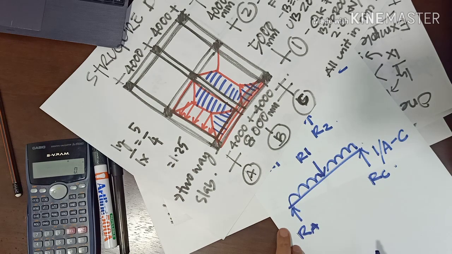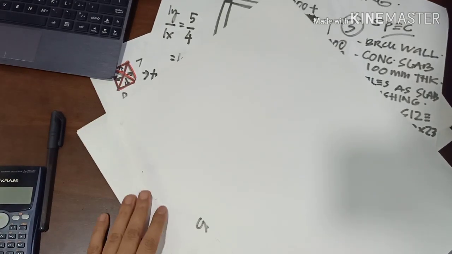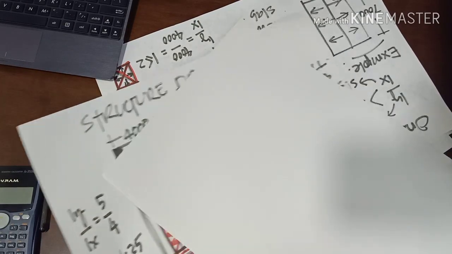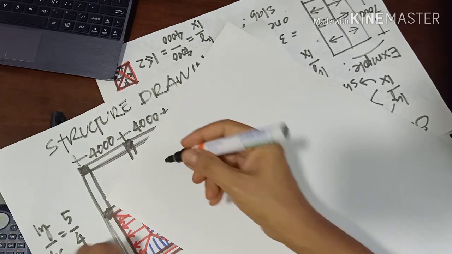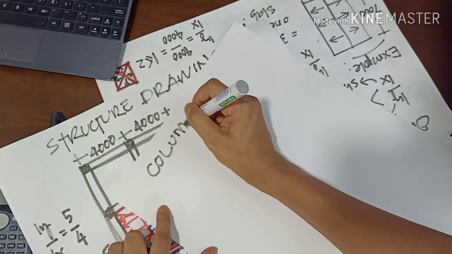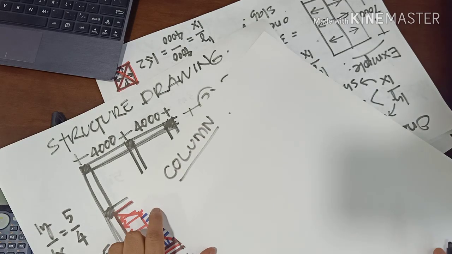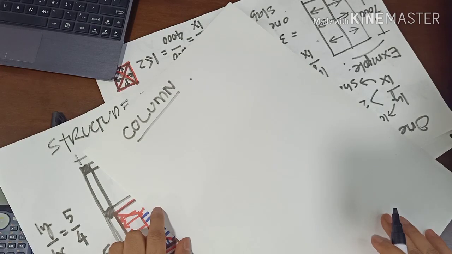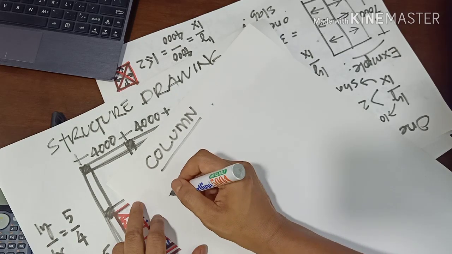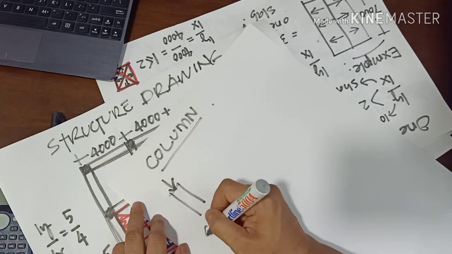Alright, thank you. Okay, now I want to share with you how to calculate the load on a column. In a column you might have three types of column. The first one is a column having an axial load only.